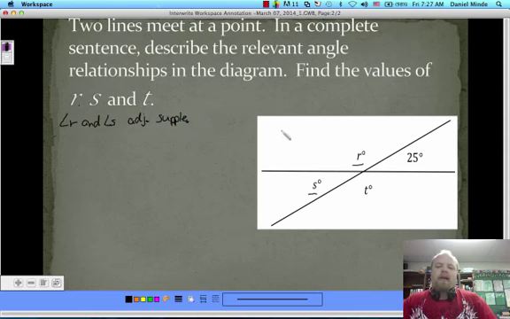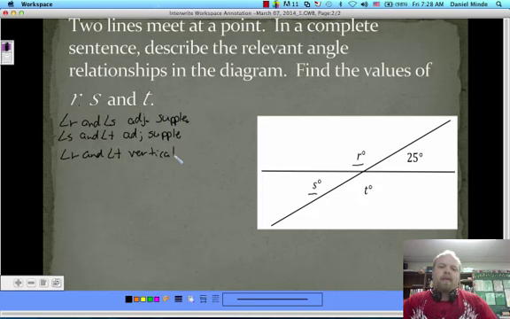Now, I can also see the same thing with S and T. They are adjacent, and they're also supplementary angles. Now, angle R and angle T are vertical angles. And I would expect to see all of this in a complete sentence.